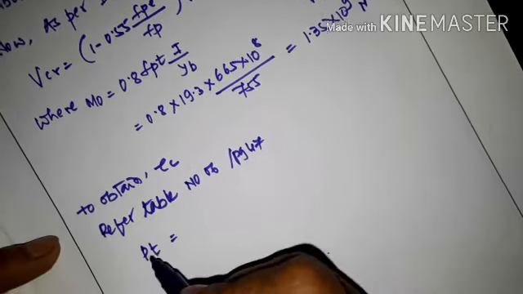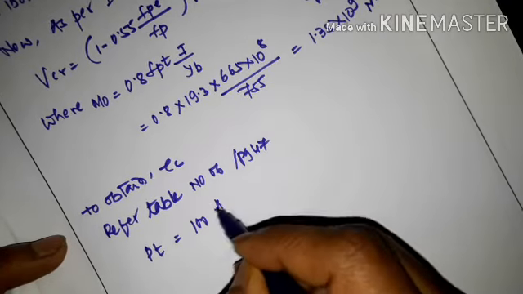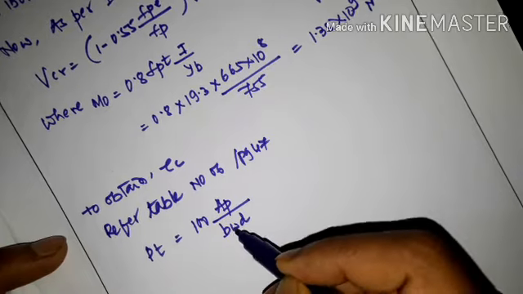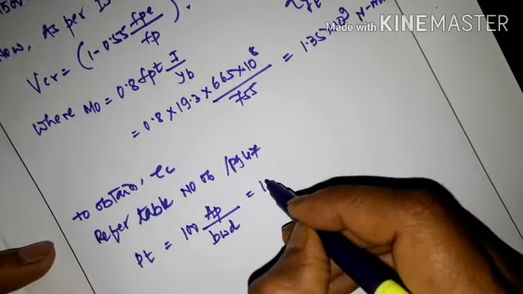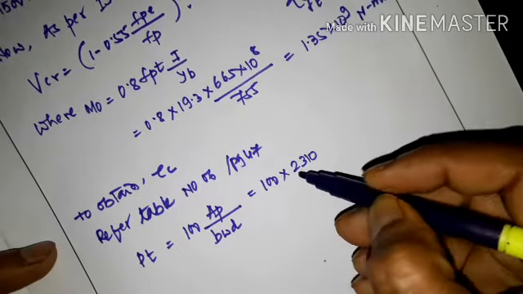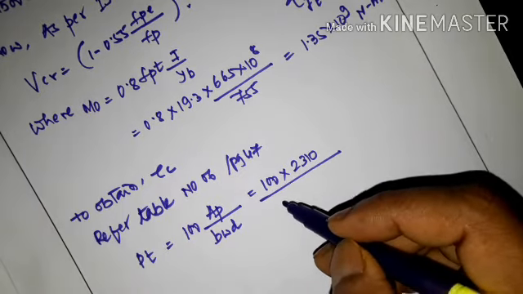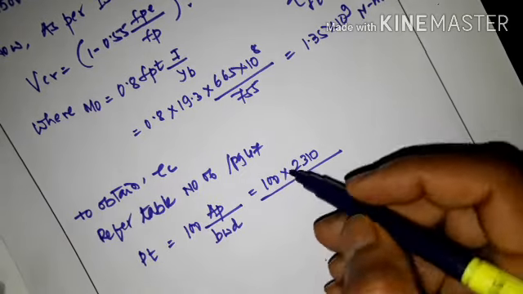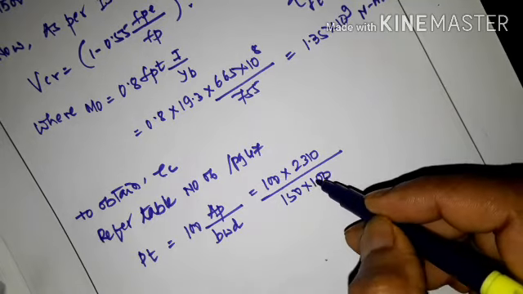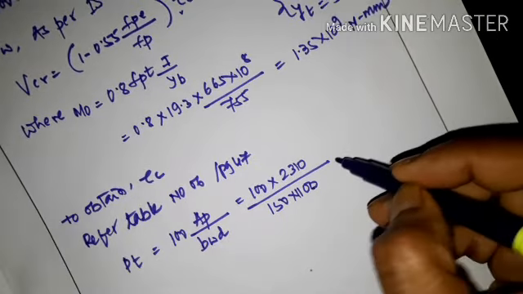So PT is given as 100 AP upon BW into D. The area of prestressing steel is 2310, upon BW, which is 150, into the depth 1100.